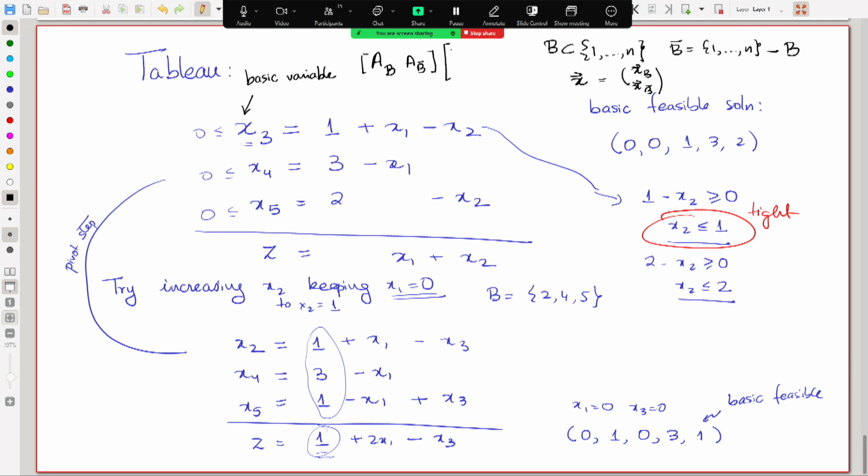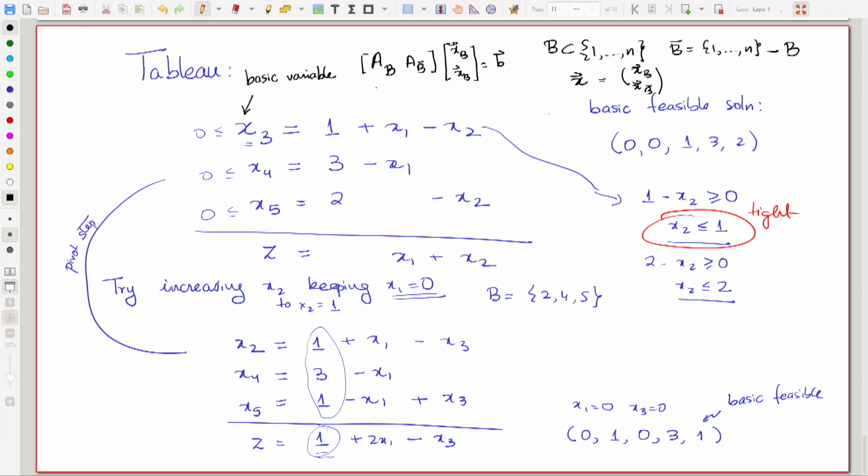So, this system of equations, you can separate out the basic and the non-basic variables, right, and then this is equal to b, right. So, what do you have? You have A_B x_B plus A_B bar x_B bar is equal to b.